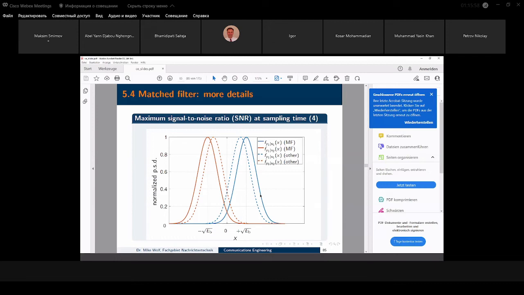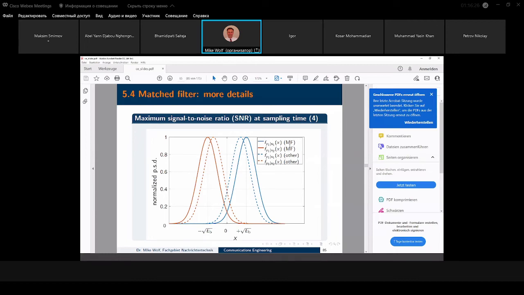We assumed a filter, even if it wouldn't be a matched filter, with unit impulse response. This means the noise power is always the same. And this means the standard deviation of these probability density functions is always the same, because there is this noise component N0 by 2. So they always have the same width.